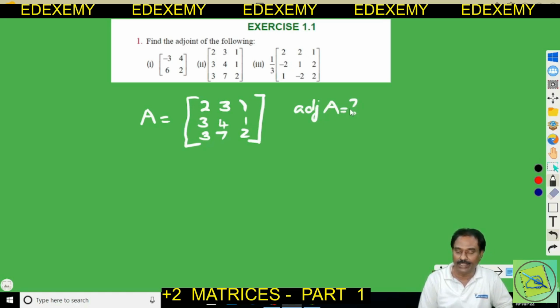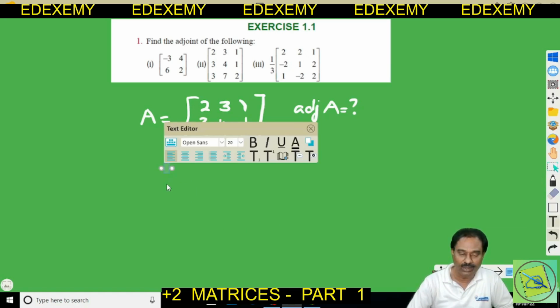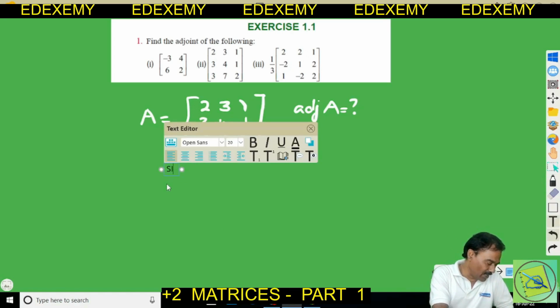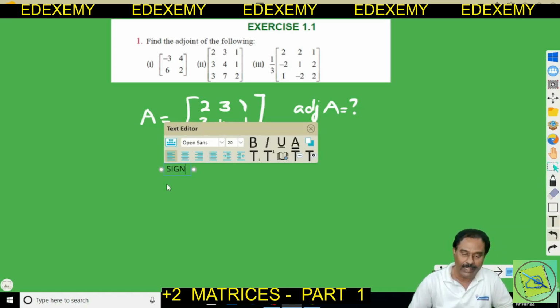So to find the adjoint of A, we have to find the following things. First of all, we have to assign a positive or negative sign to each and every element of this matrix A. How to calculate that, I will explain later. The first thing is sign.